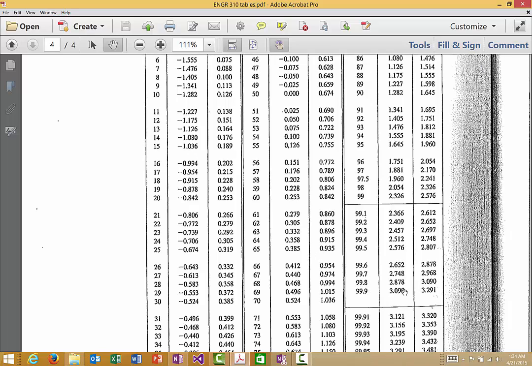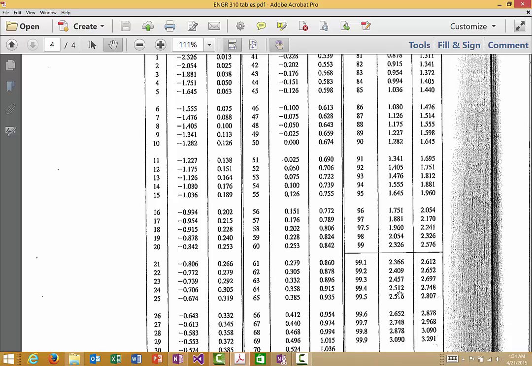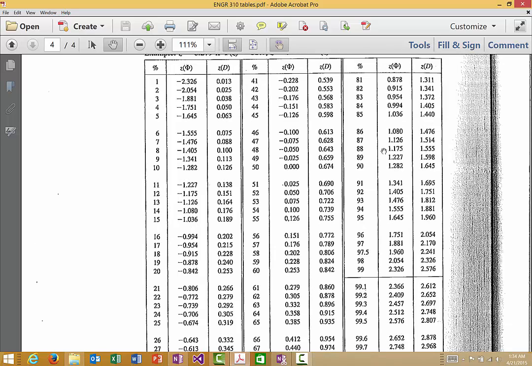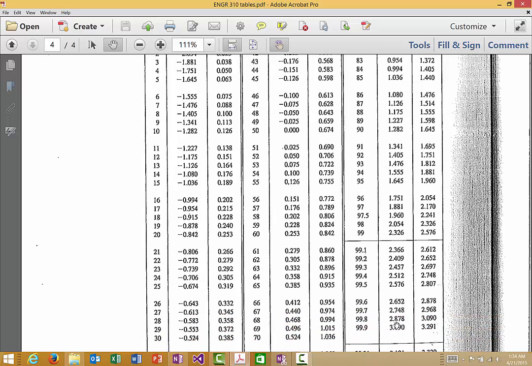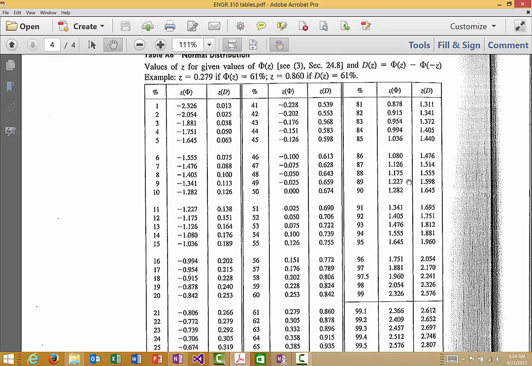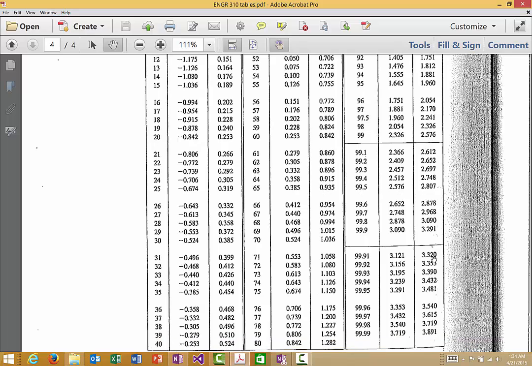This is the z of phi column. So that means that this is the value of z that would make phi equal to 99.9%. And this other column to the right of that is z of D. So this 3.291 is the value that z would need to be to make D equal to 99.9%.